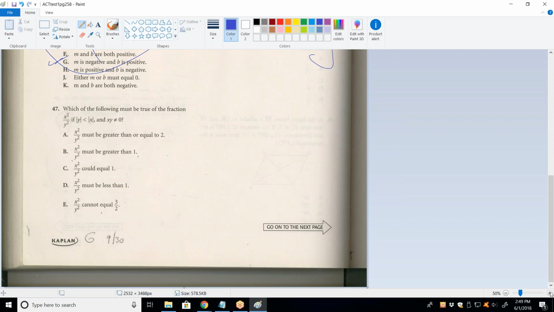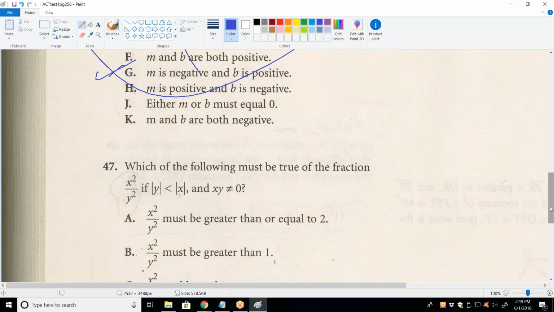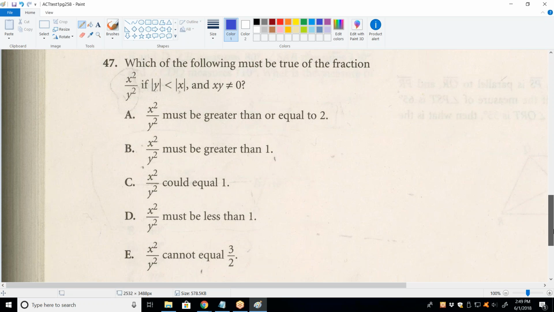47. Let's see if I can blow this up. Yeah, I can. First of all, tell me how you're going to do this.